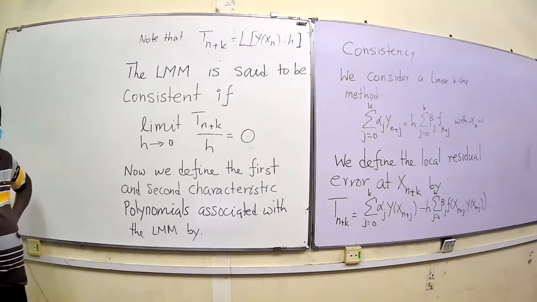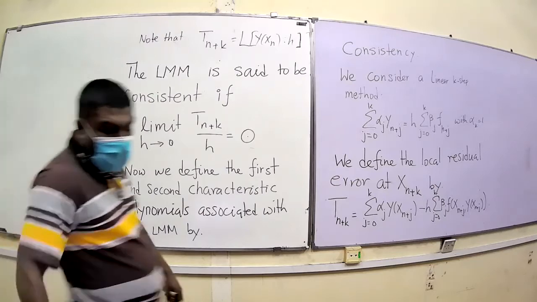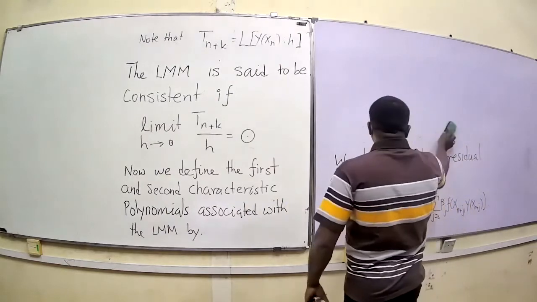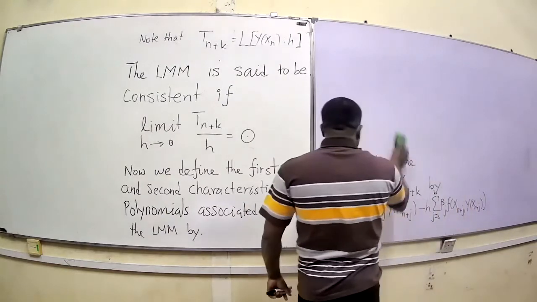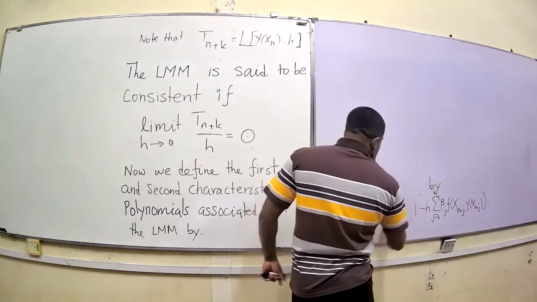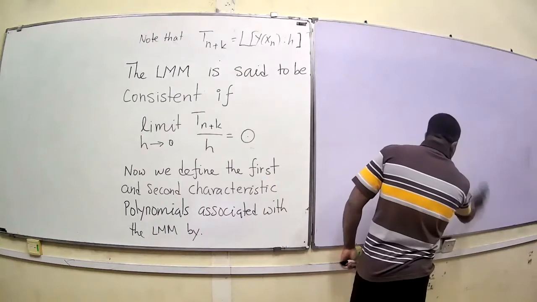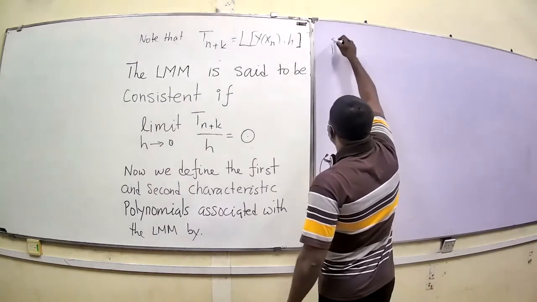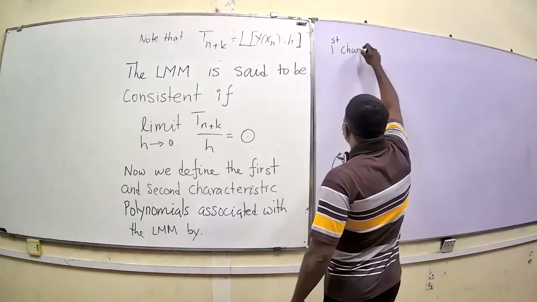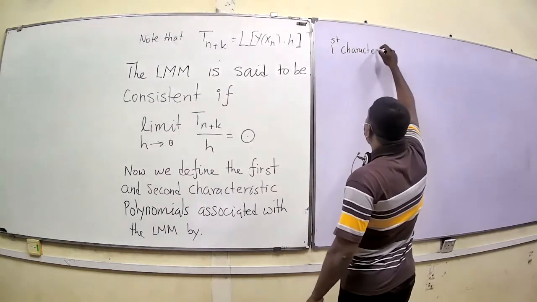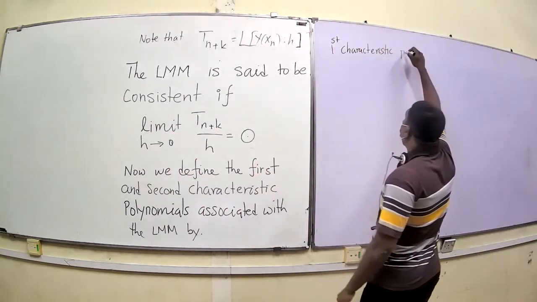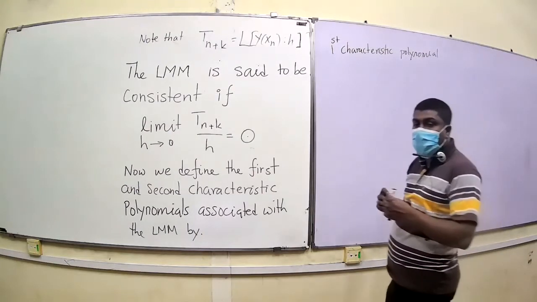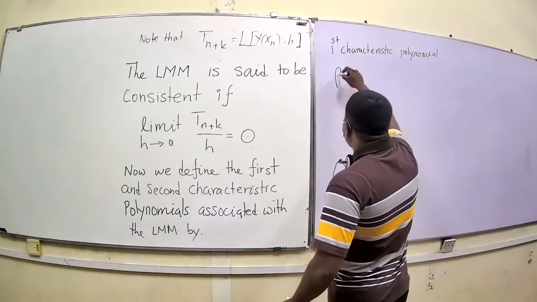We name them the first characteristic polynomial and the second characteristic polynomial.